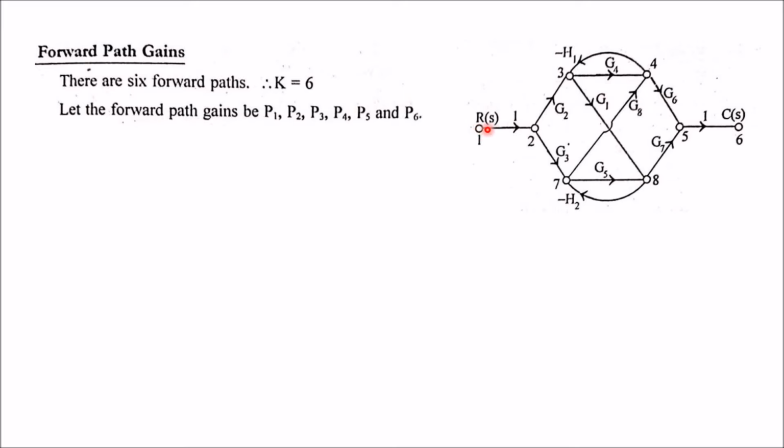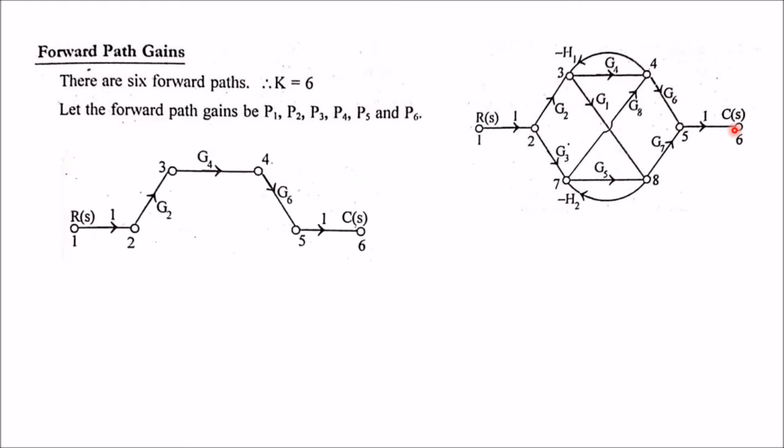So this is one way, and this route creates a forward path, represented by nodes 1, 2, 3, 4, 5, 6, which is forward path 1, that is P1. And what is the path gain? If you multiply all those transmittances, the gain of forward path P1 will become G2, G4, G6 into 1 and 1.